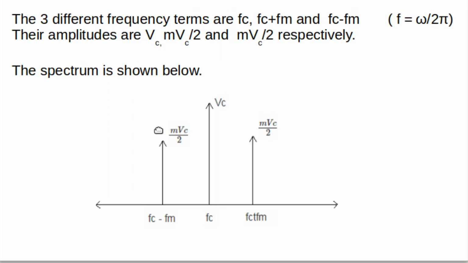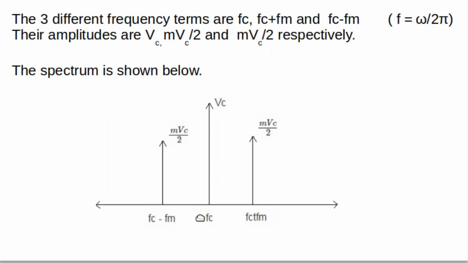Now we can draw the frequency spectrum of the AM signal. We know that the AM signal contains three different frequencies: fc, fc plus fm, and fc minus fm. The amplitudes are Vc, mVc/2, and mVc/2. So the first spectral line is this one.